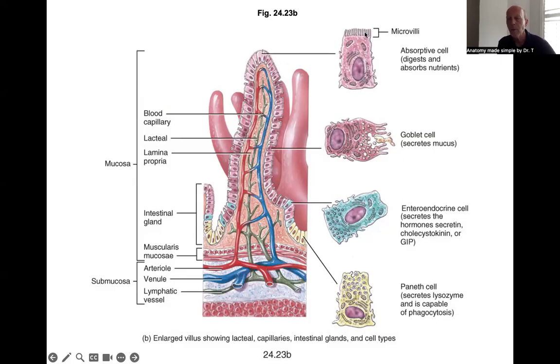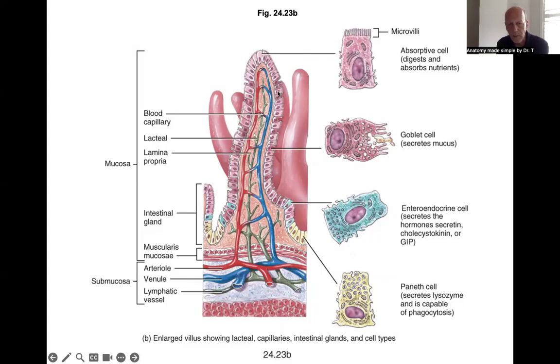Microvilli are that infamous brush border, and as we speak about brush border enzymes, basically these enzymes are present here, splitting larger molecules into smaller ones that are absorbable. So that is why we have abundance of cells showing presence of microvilli on their surface.